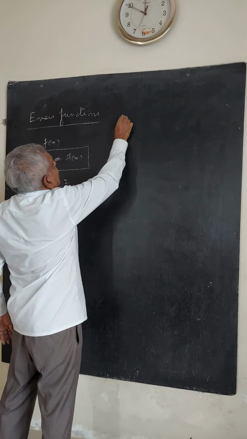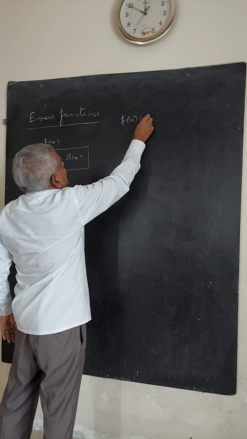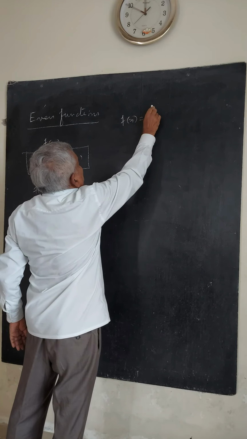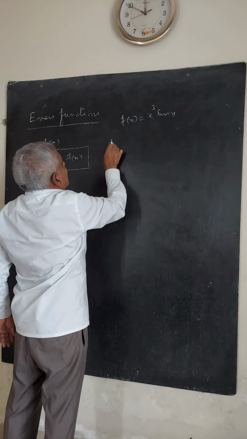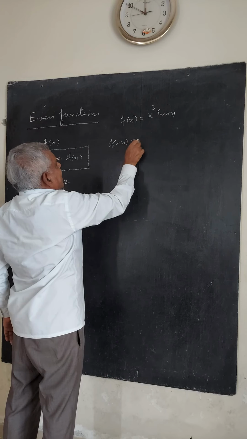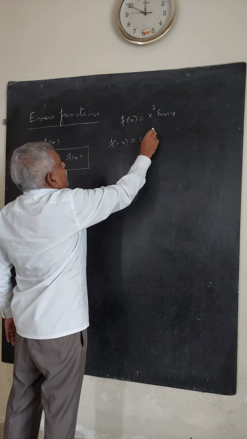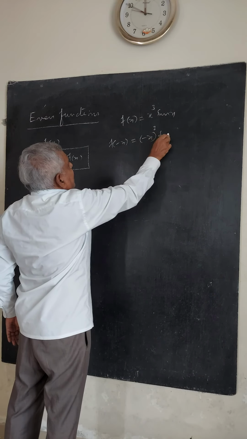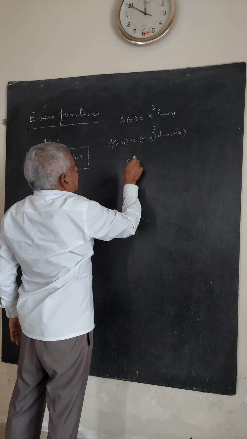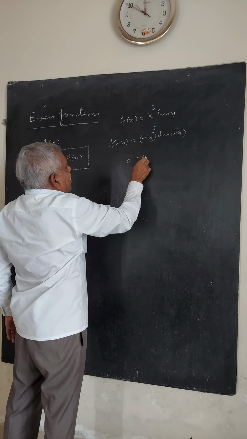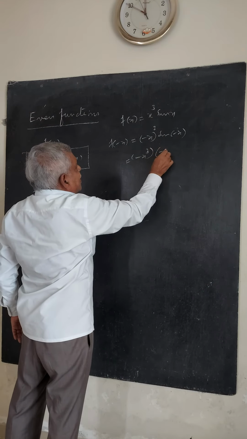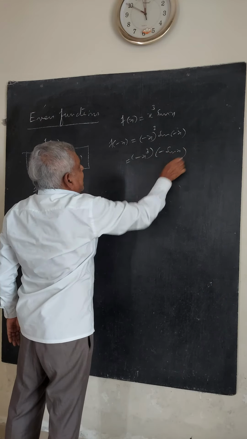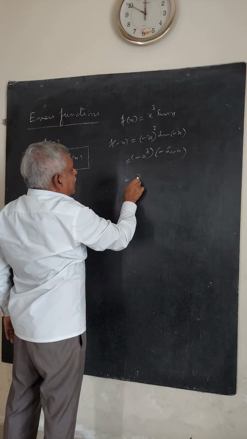Similarly, let f of x equal to x cubed sin x. Put minus x: minus x whole cube sin of minus x. Negative whole cube is negative, minus x cube. Sin will give negative, sin x. Both negatives make positive.